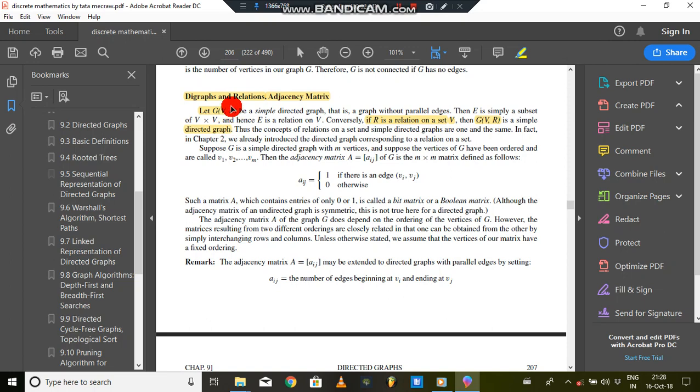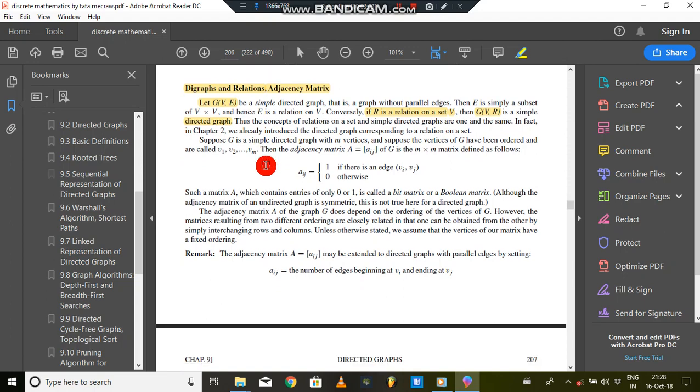If we have a simple graph and we apply the relation condition on it, this graph converts into a directed graph. So this is the way to remember what is a graph and what is a directed graph. Thus the concept of a relation on a set and a simple directed graph are one and the same.